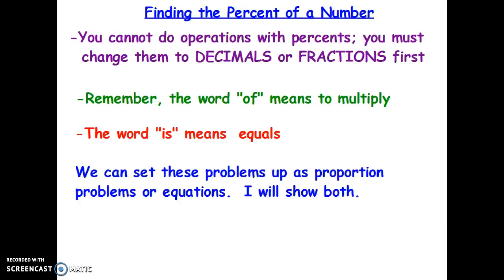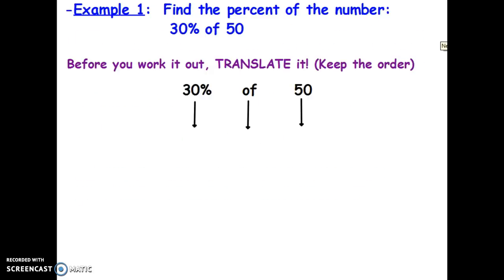Alright, so let's look at our first example. Find the percent of the number: 30% of 50. Before you work it out, translate it. So this is what we're going to talk about, "of." 30% we need to change to a decimal. When we change 30% to a decimal, we have to move our decimal point 2 places to the left. So 30% is the same thing as 0.3 or 0.30.